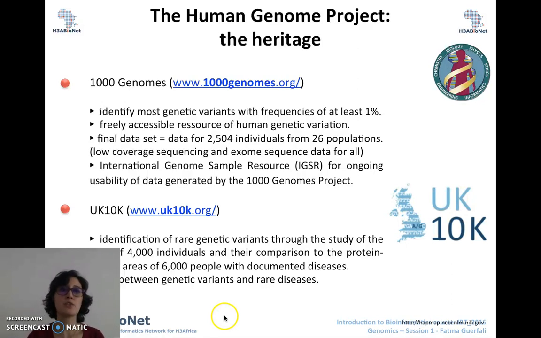And an International Genome Sample Resource was established to ensure the ongoing usability of the data. This is called the IGSR. You also have other resources like UK10K that aims at identifying rare genetic variants through the study of nearly 10,000 people, in order to establish the link between genetic variants and rare diseases. You have the links for them if you want to know more.